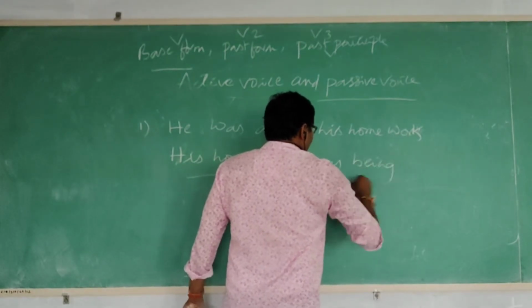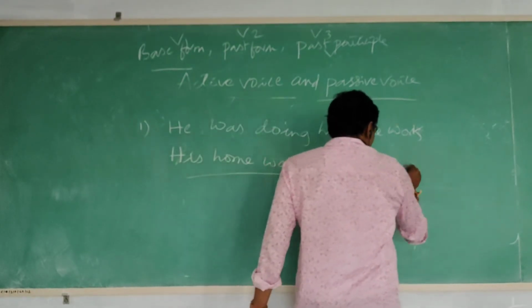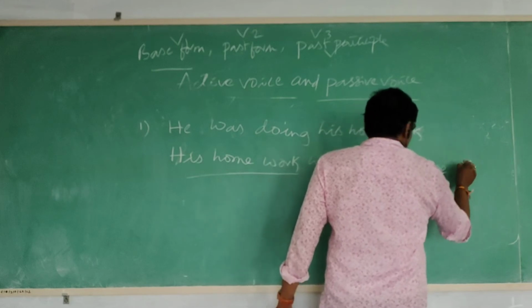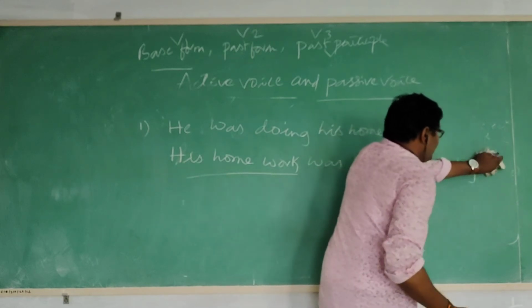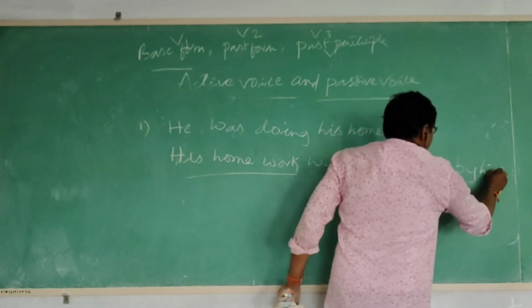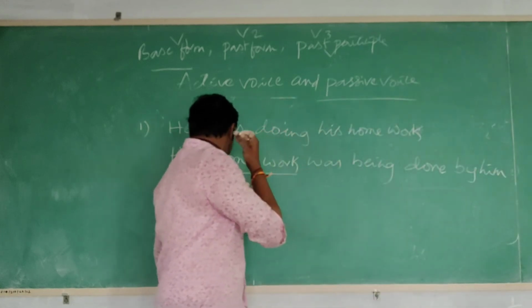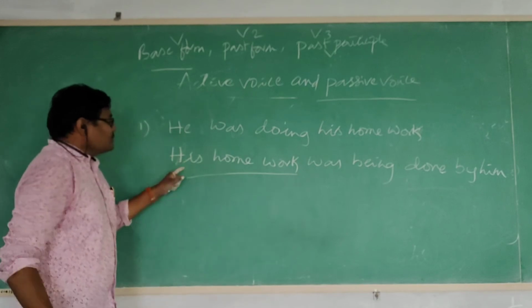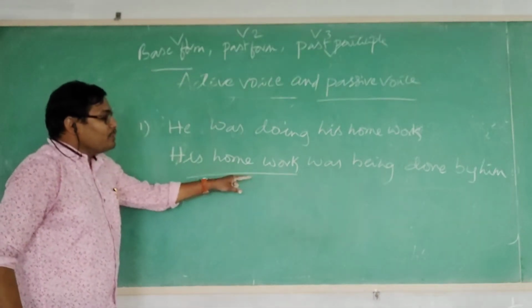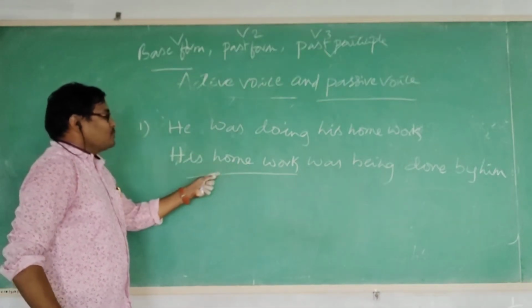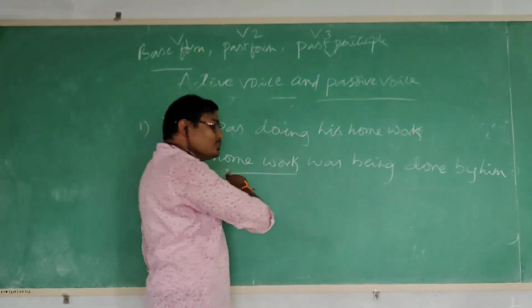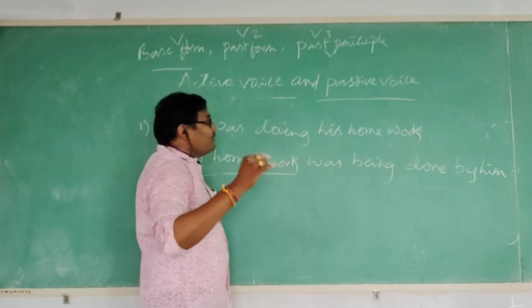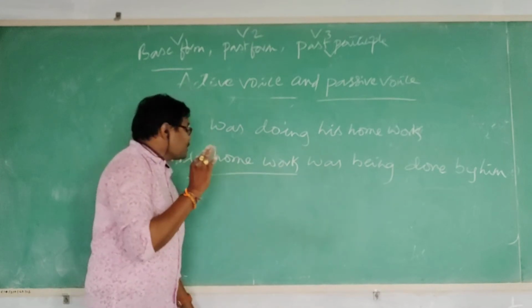Being done by him. Okay, here we can see his homework was being done by him. Okay, here the main word is doing. That's why do, did, done. Right? And now let us see.